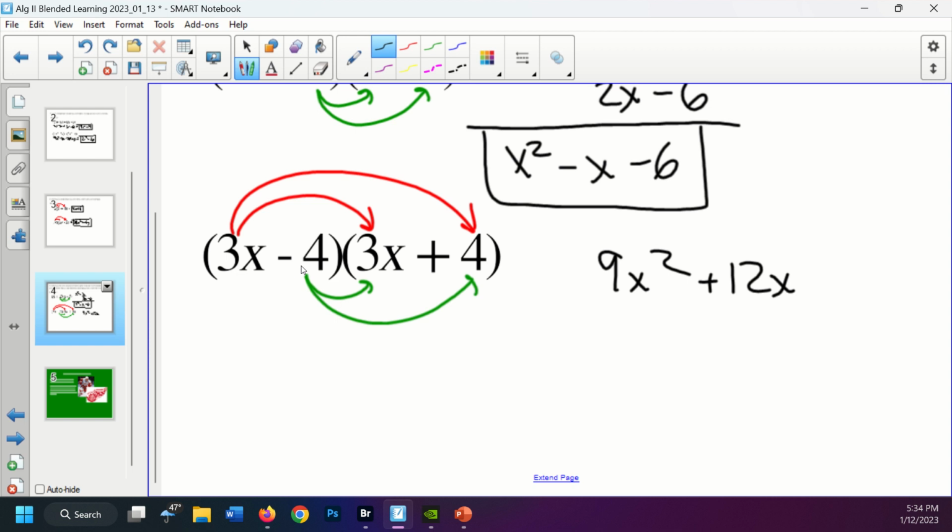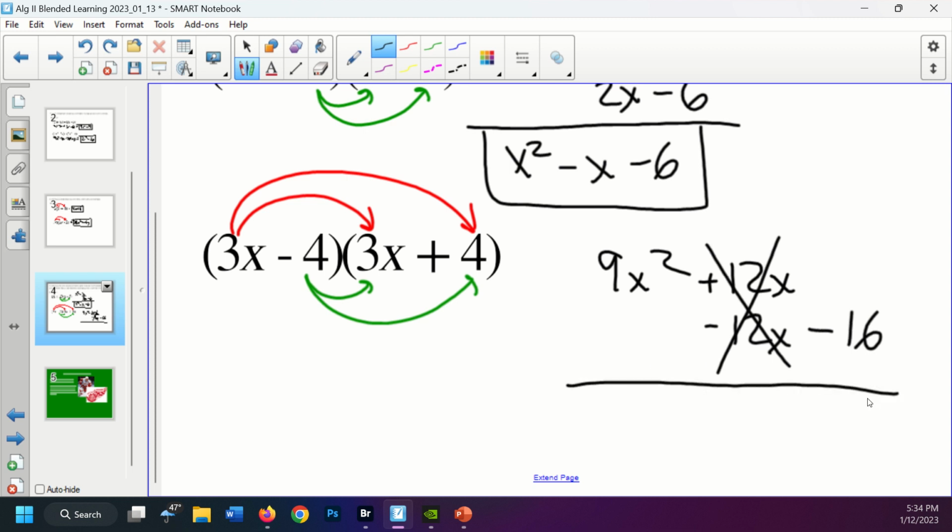Negative 4 times positive 3x is negative 12x, and then negative 4 times positive 4 is negative 16. Now these two cancel, and my final answer will be just 9x squared minus 16.